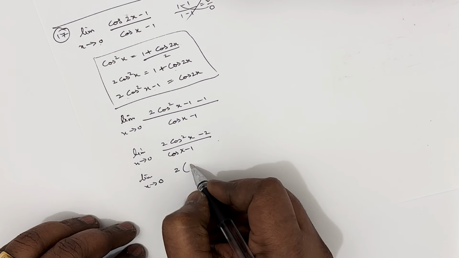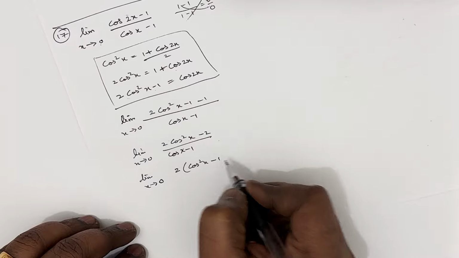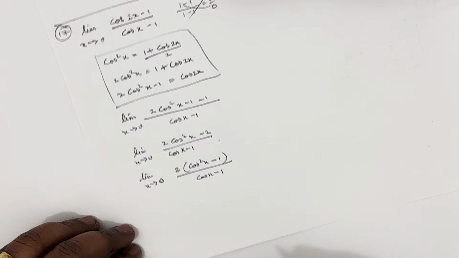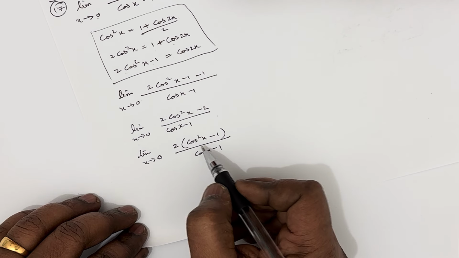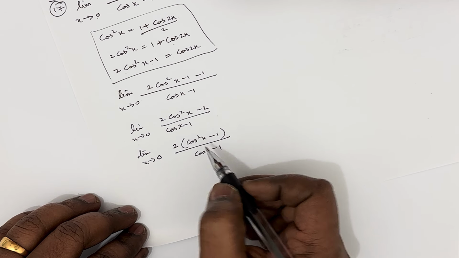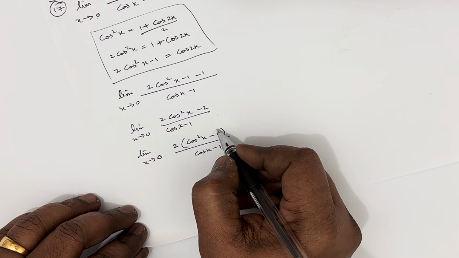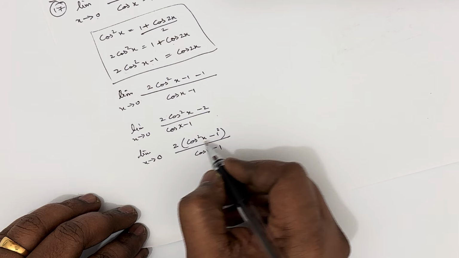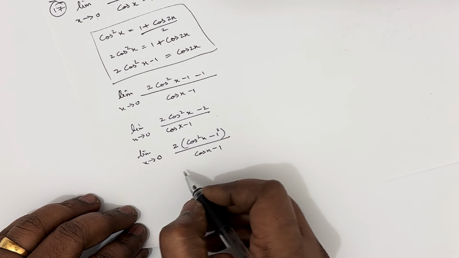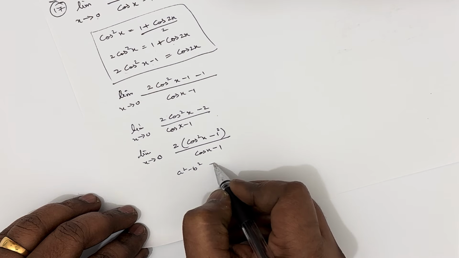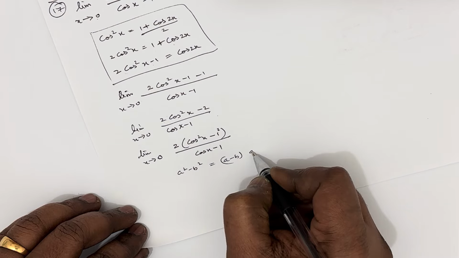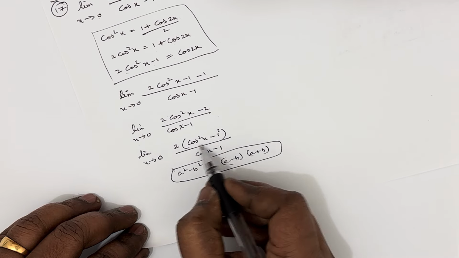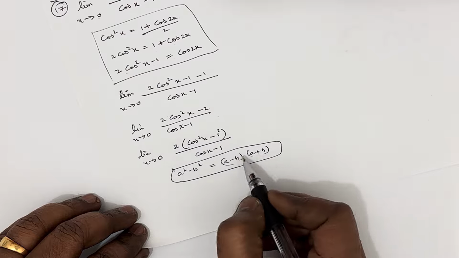So 2 times cos square x minus 1 upon cos x minus 1. Now you see, 1 square is 1, so this again represents a formula, that is a square minus b square, which is equal to a minus b into a plus b. So let's expand this according to this formula.